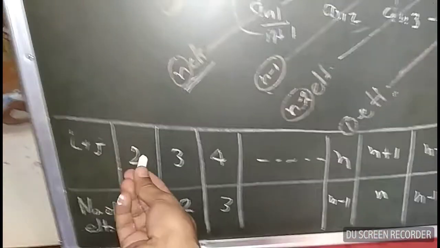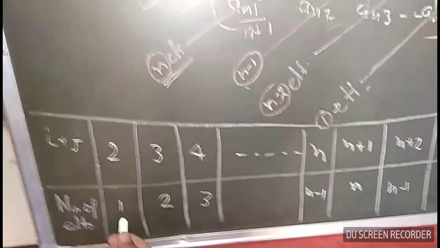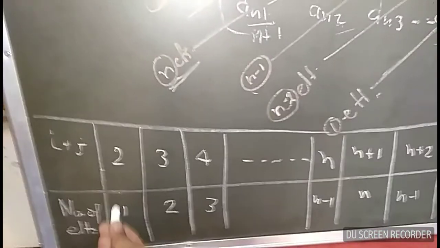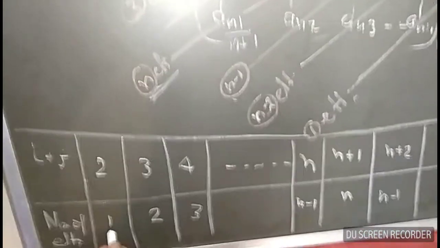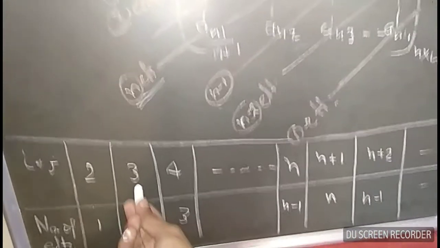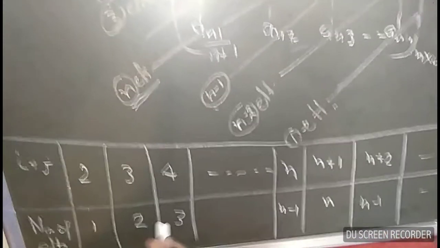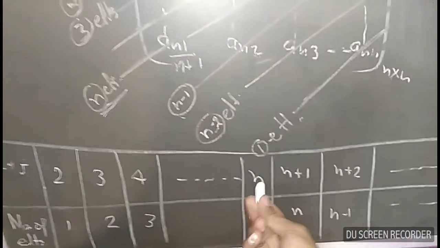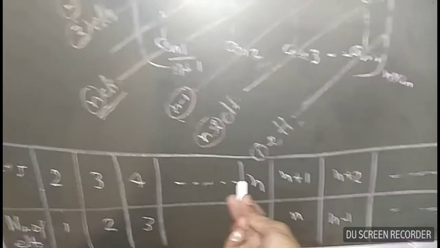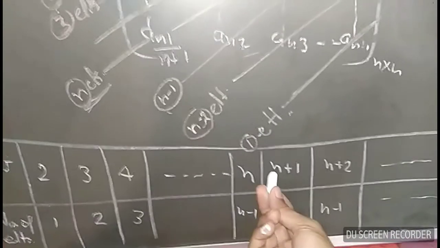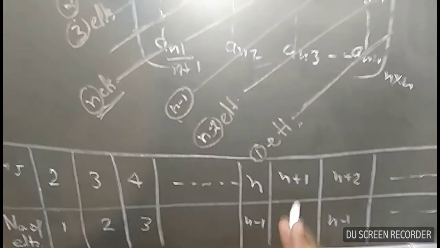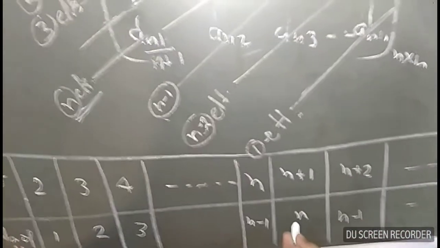If the sum of row number and column number is 2, then the number of elements is 1. If the sum is 3, then 2, which is 1 more than before, then 3, and so on. When the sum of row number and column number is n, we obtain n minus 1. For n plus 1, that is the principal diagonal, we get n elements.